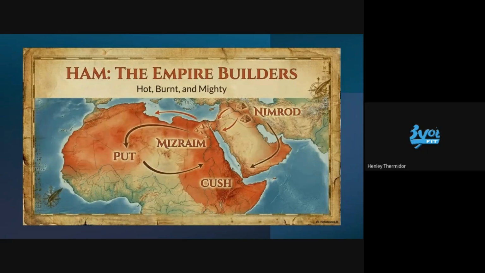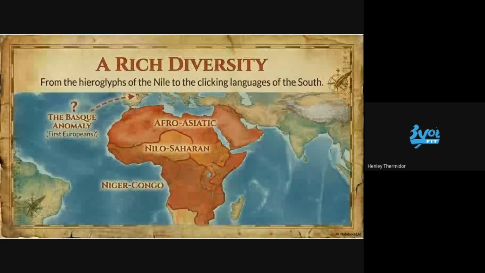Now, we call those languages the Afro-Asiatic, Nilo-Saharan, and the Niger-Congo. Those languages, if you have anything that comes off of those, that means they've come from Ham's descendants. So that includes everything from hieroglyphics to all the languages that have any type of clicking sounds to them.